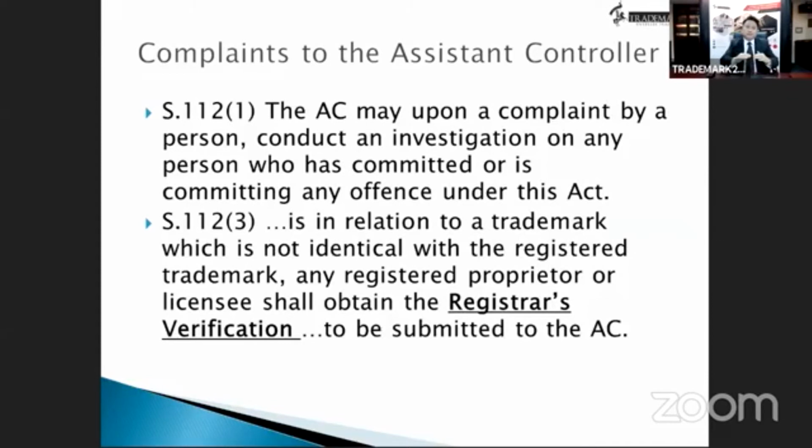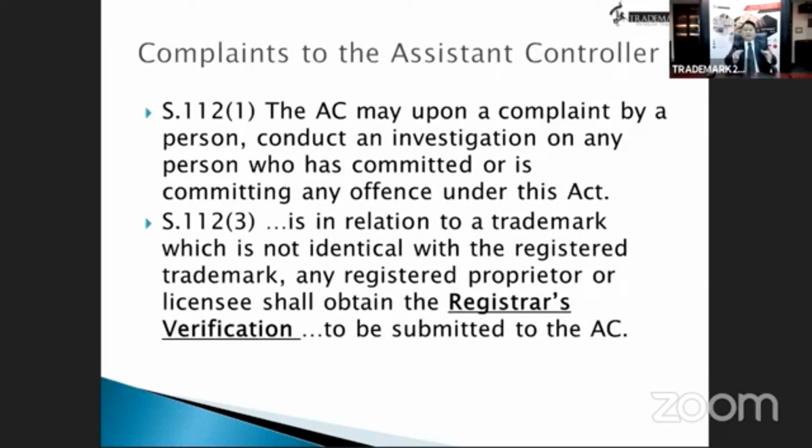Right now, we have a cheaper, more effective, and better avenue under the new Act. The registrar of trademarks in MyIPO can do these verifications for you. You just have to pay the official fees, not under the table, through proper channels. We submit a form and they will verify whether these two trademarks are identical or similar.